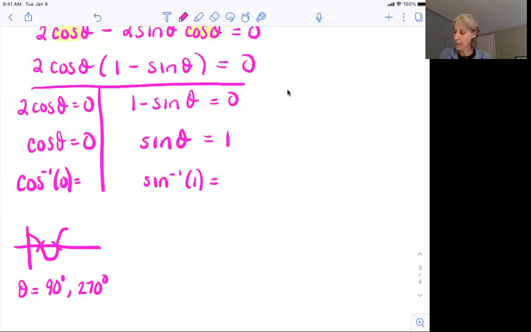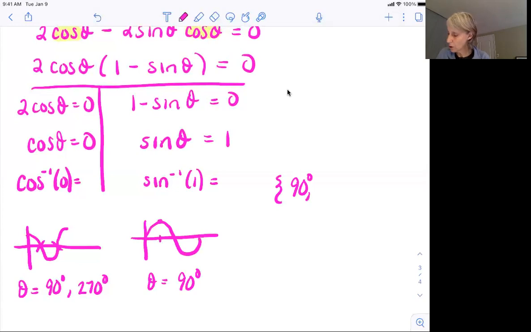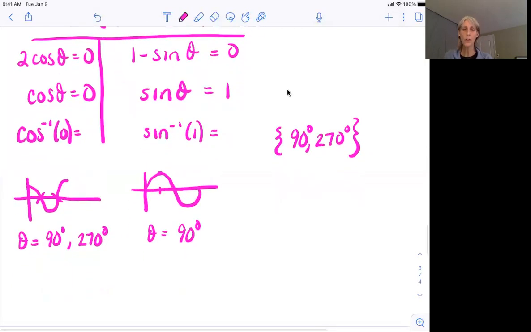The angle whose sine is 1 is just at 90 degrees. So our solution set, with a repeated solution which does not matter, is 90 and 270. So be aware of those function values that are zeros and ones, because you want to treat them just a tiny bit differently.